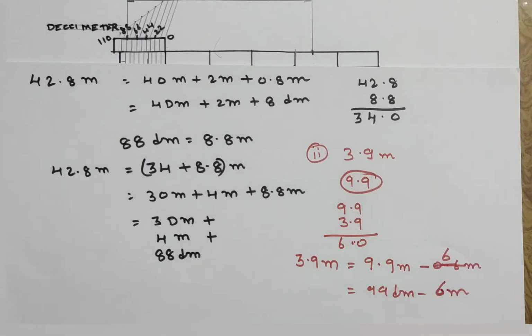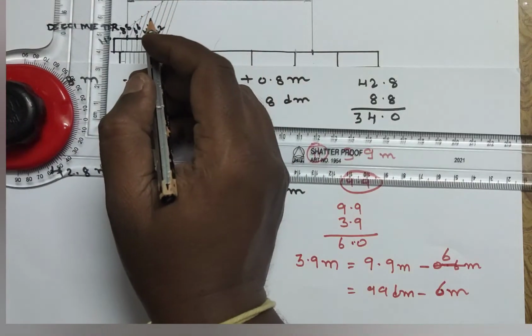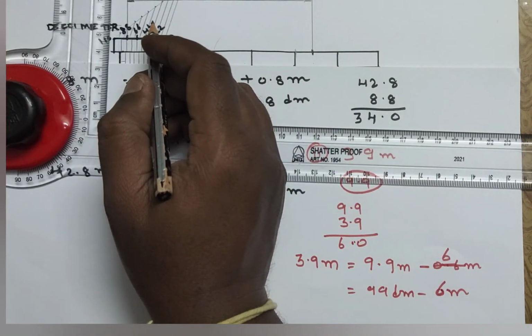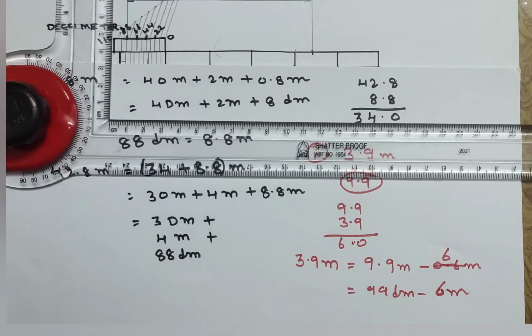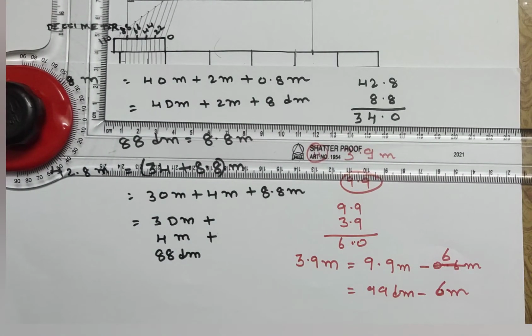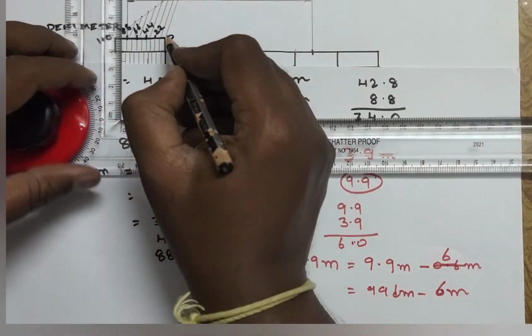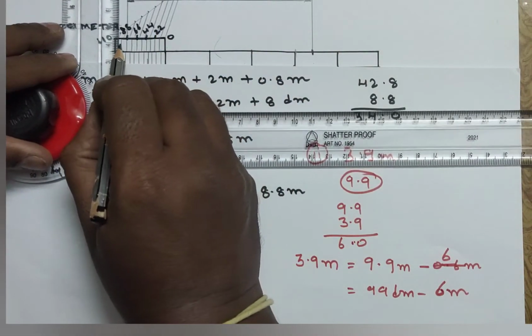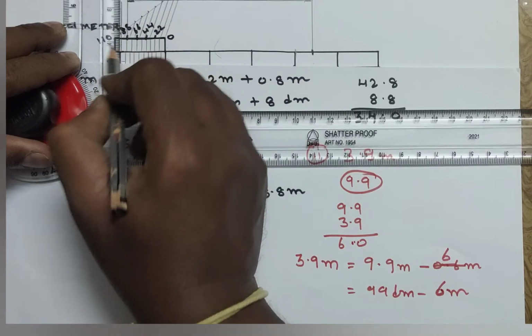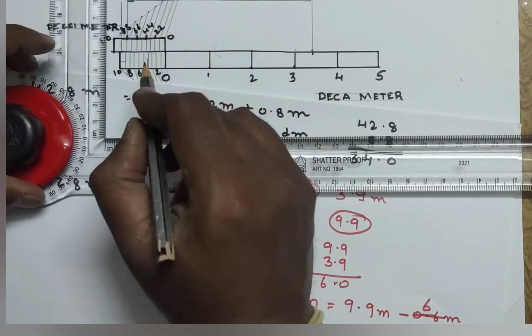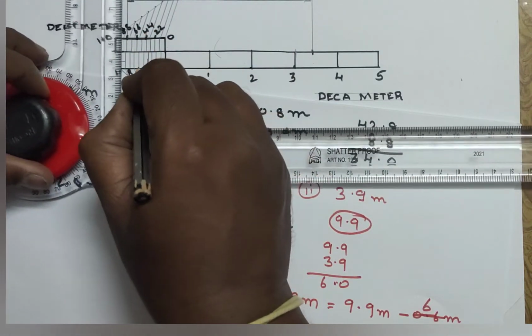So now if you observe, from 0 to here it is 99. From 0 to this particular point, once I will show, 0 to here it is 99. All of you carefully observe, this is 99. But where is 6? From here to here it is 6 meters.